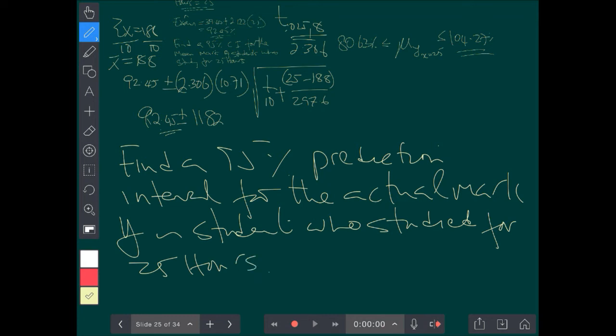Okay, so find a prediction interval for the actual mark of a student who studied for 25 hours.